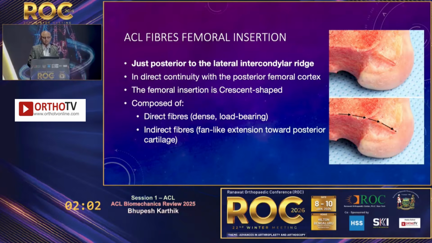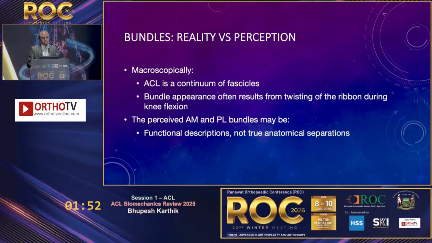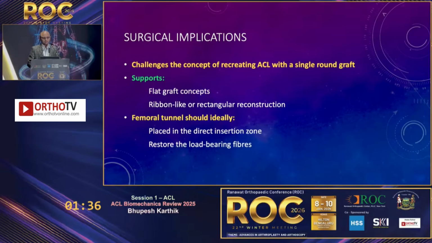So these are the direct fibers, and the indirect fibers are fan-shaped extensions towards the posterior condyle, according to Smigielski's paper. So macroscopically, the ACL is a continuum of fascicles, and the bundle appearance often results from twisting of the ribbon during flexion. So these are more functional descriptions and not truly anatomical separations, according to him.